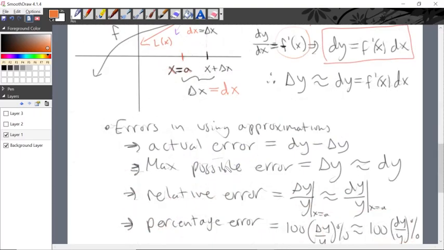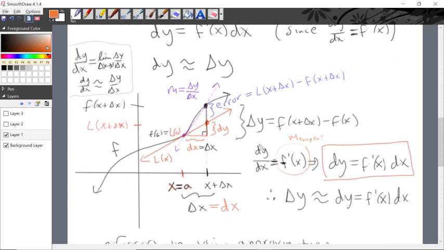Okay, some notes on errors. The actual error can be calculated, again, dy minus delta y. That was leading up to that here earlier, right? So I showed here that the error is calculated by the difference between these two y values, but if we take the one off the tangent line minus the one off of the function, then we'll also get that whether that difference is positive or negative is going to tell us whether the tangent line's approximation, the linear approximation, is an overestimate or an underestimate.